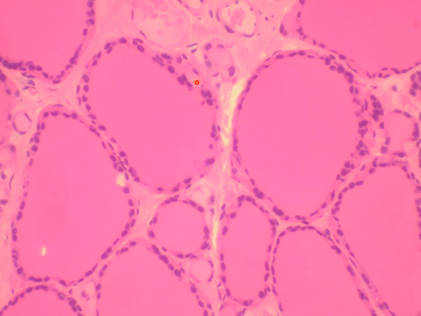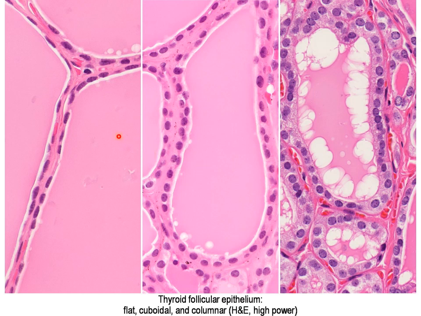So definitely in their cytoplasm they are going to have the respective organelles as well. Depending upon the functional state of the gland, there is simple squamous epithelium lining the thyroid follicle when the thyroid gland is inactive.